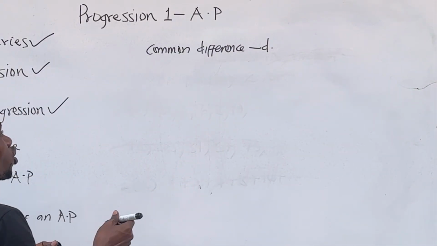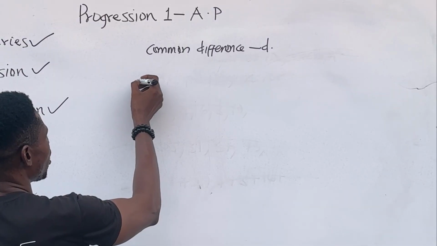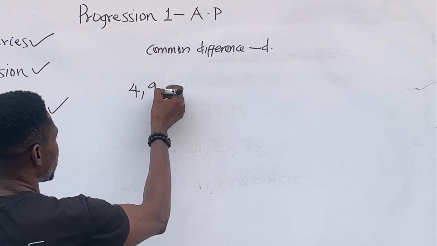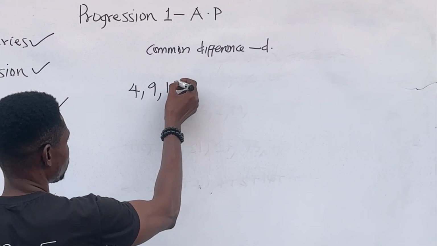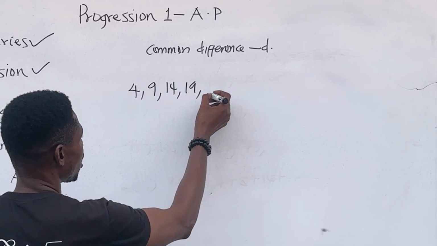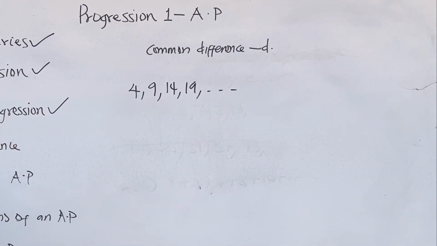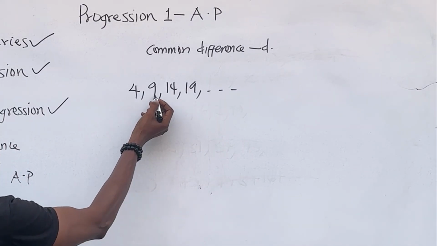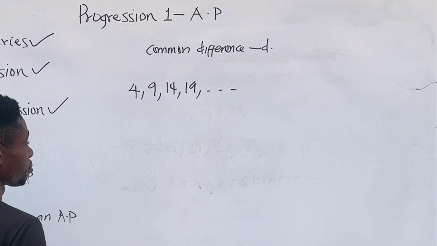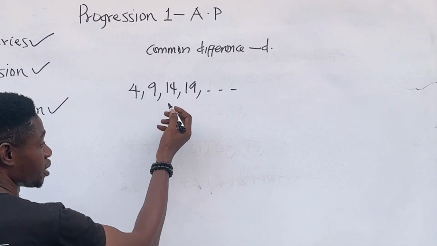So, now how do you calculate common difference? Let's say we have 4, 9, 14, 19, and so on. Now, is this an AP? Yes, because 9 minus 4 is 5. 14 minus 9 is 5. 19 minus 14 is 5.